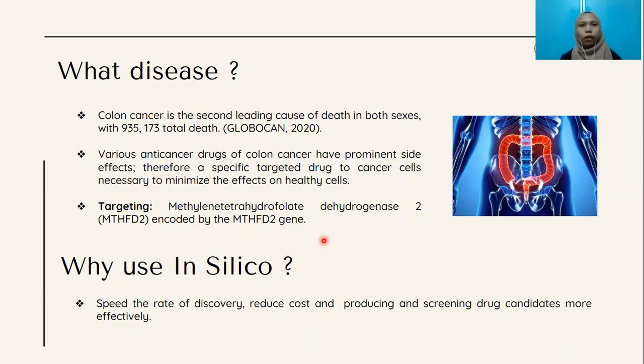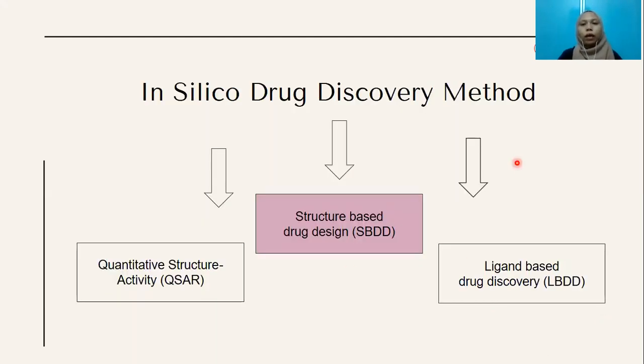Next, why do I use in silico? Because it helps speed up the rate of discovery, reduce the cost, and produce and screen drug candidates more effectively. According to ASI 2018, there are 3 types of in silico drug discovery methods, like in this picture.